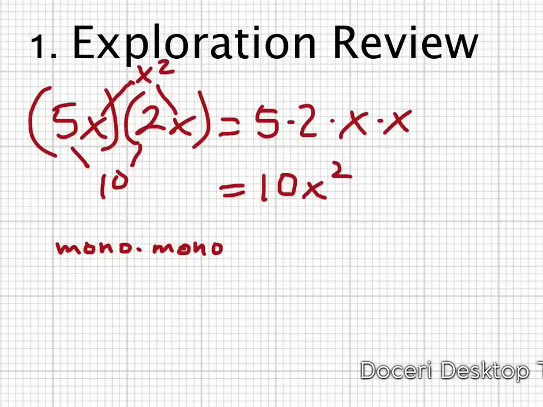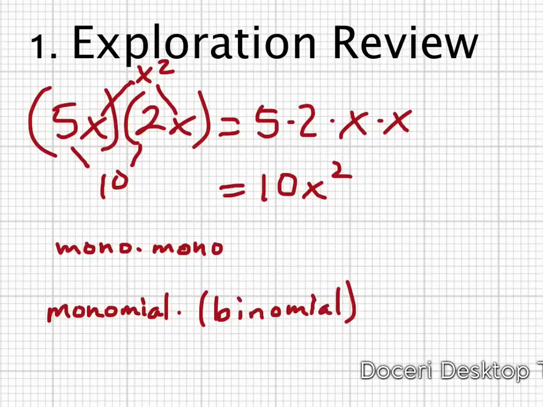So what happens when we take a monomial and multiply it times a binomial? Well, bi means 2. So we're talking about 2 terms here.